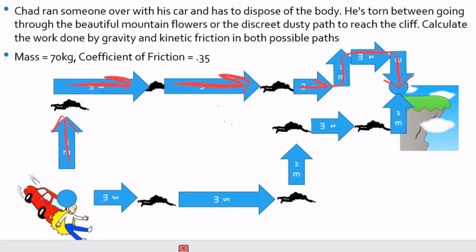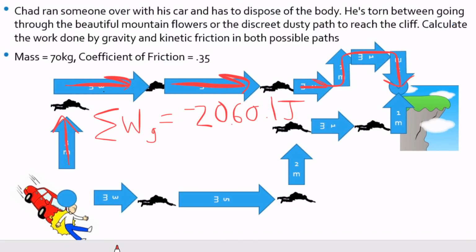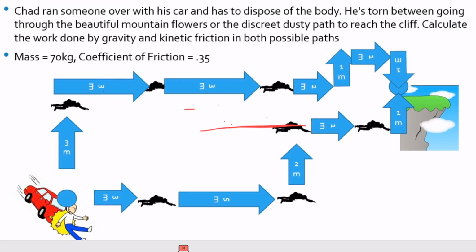To skip through the whole thing, I'll just add in what it adds up to be, and it's going to be negative 2060.1 joules. Now that we've done the first path, let's do the second one.